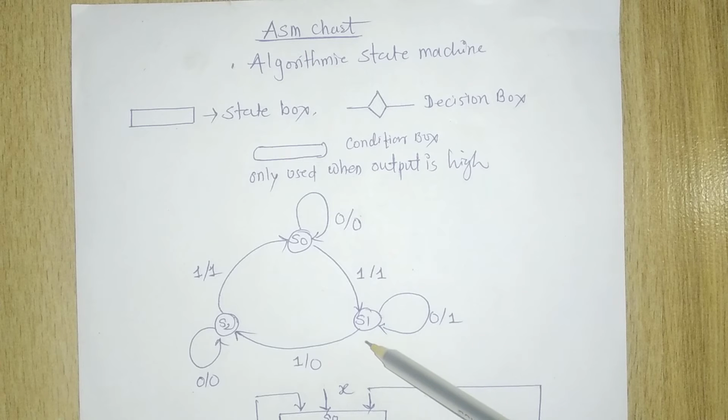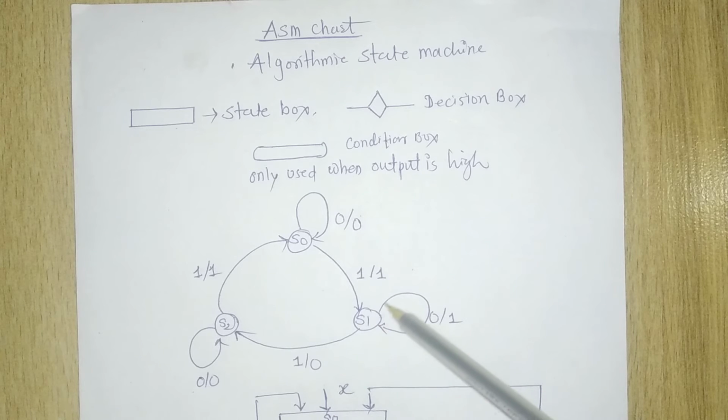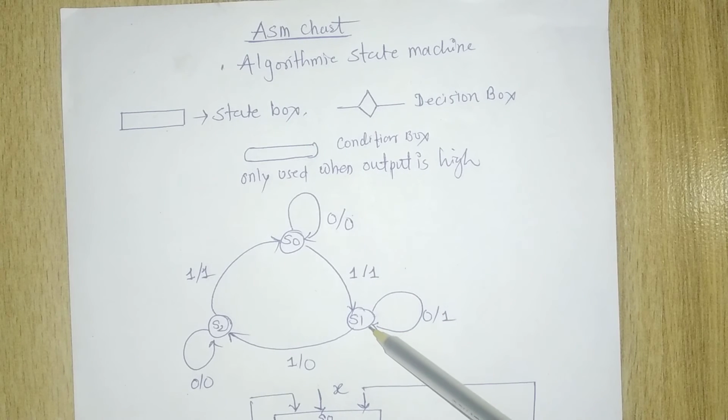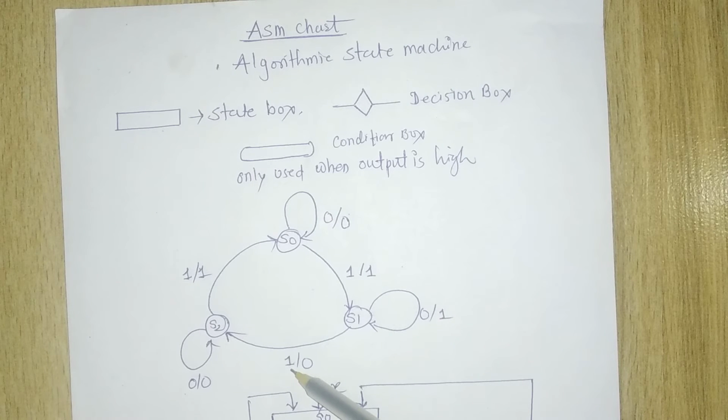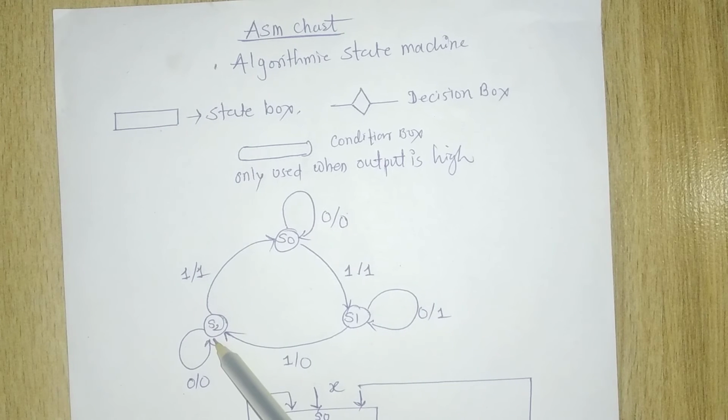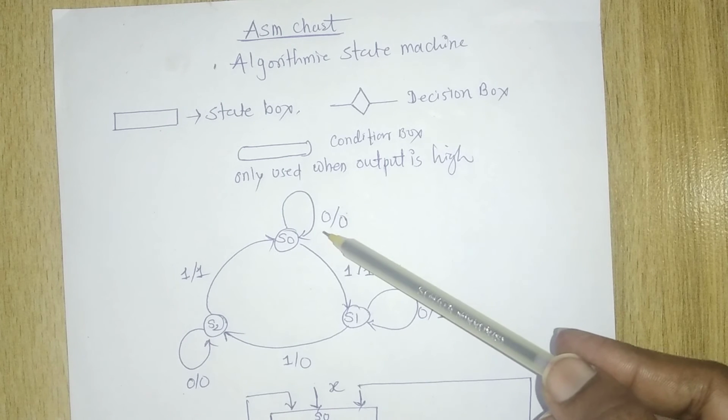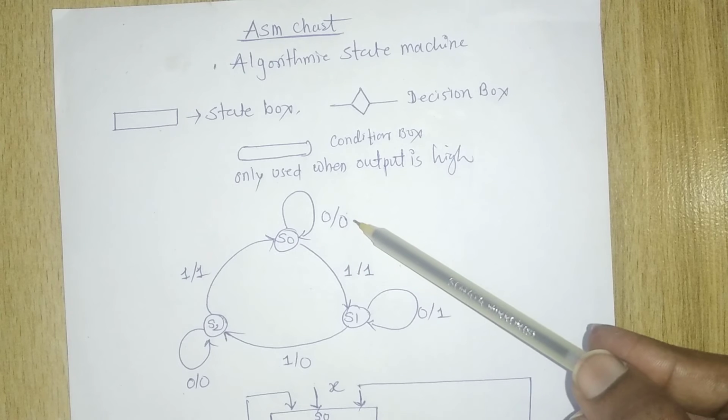After that we have the S1 state. If there is input 0, then it is again going to the same state, and if input is a 1, then it is going to the next state, that is S2. Now one more thing, if input is a 0, then output is a 0.